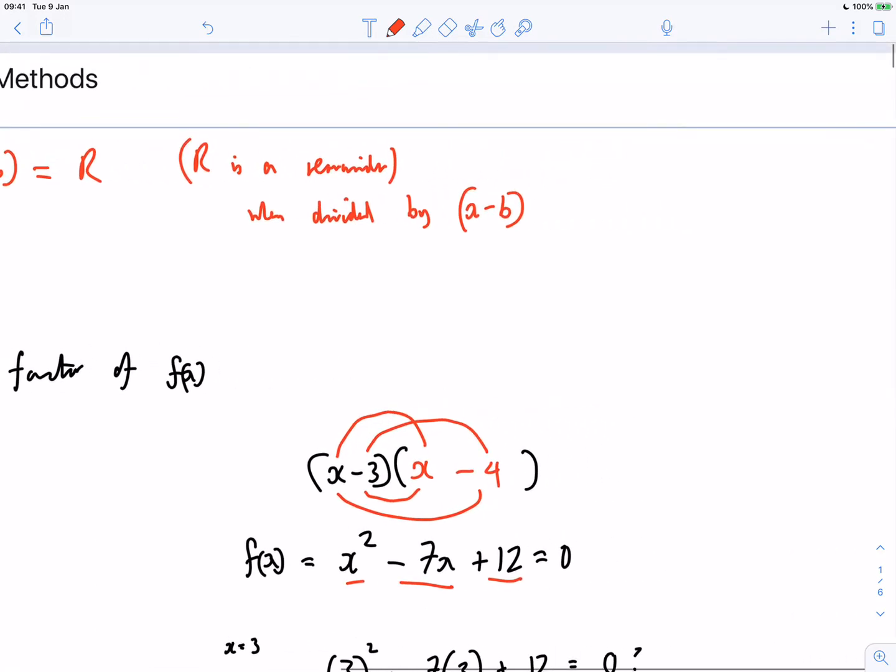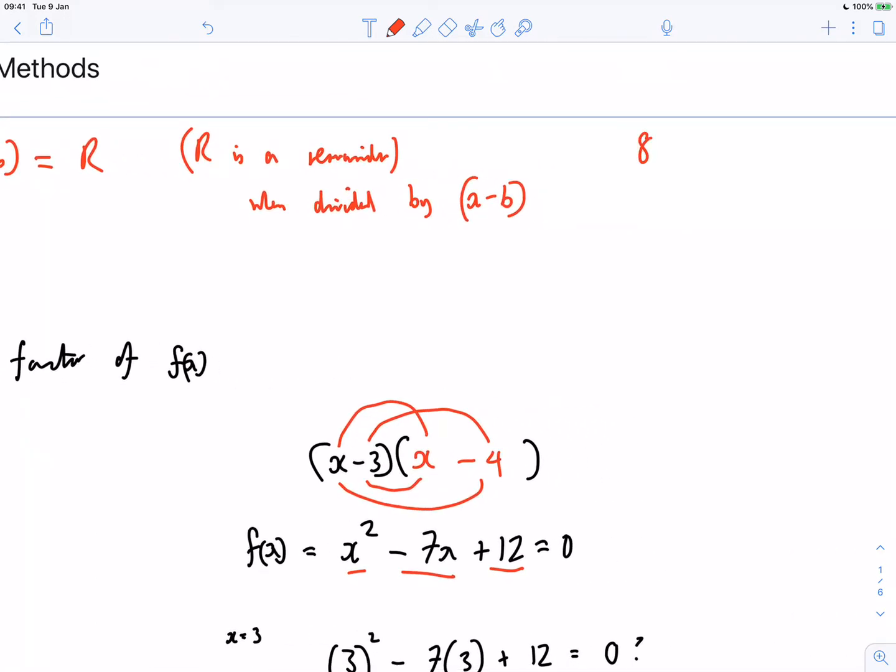Just to remind you what a remainder is, let's suppose I divide 8 by 3. What is the remainder there? Well, 8 over 3 is the same as 6 over 3 plus 2 over 3, because 6 is the largest number lower than 8 that can be divided by 3, and 6 over 3 is 2. So it's 2 and 2/3.